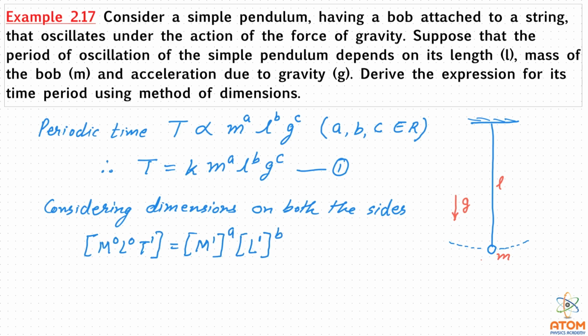Then comes the dimensional formula of g, which is gravitational acceleration. So it is one sort of acceleration, and for acceleration the dimension formula is L1 T minus 2 raised to c. Solving this, we will get as a whole M raised to a and L raised to, you can see it will be b plus c, and then T raised to minus 2c.